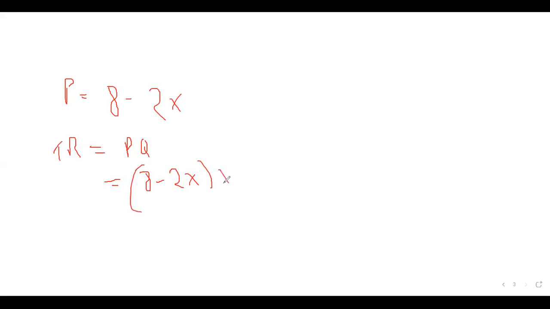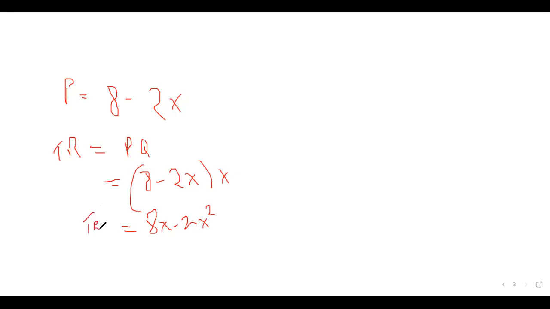Our quantity is just Q. In this case, we're using the letter x, so it is x. So our total revenue becomes 8x minus 2x squared. This is our total revenue.